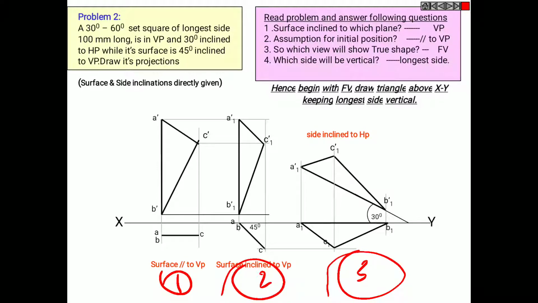So in this problem he didn't directly mention any triangular figure, but he said a 30 degrees to 60 degrees set square of longest side 100 mm long. So by that indication we need to assume or analyze that it is a triangular surface.